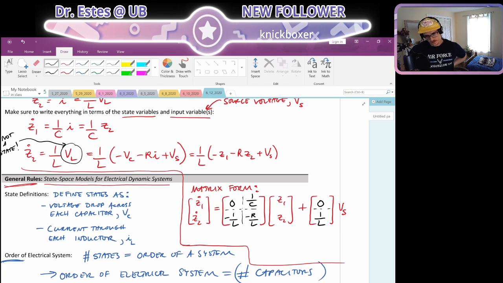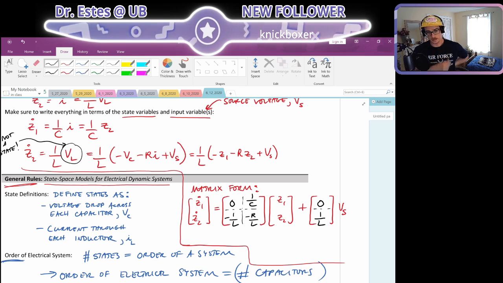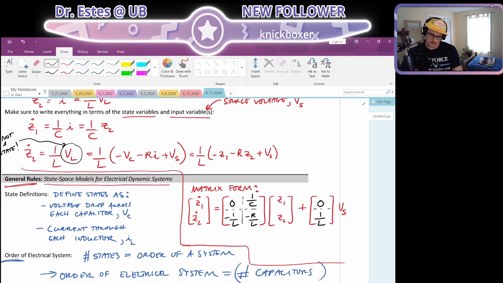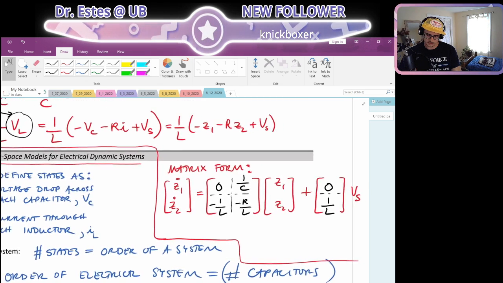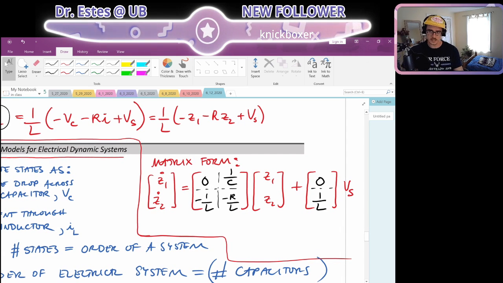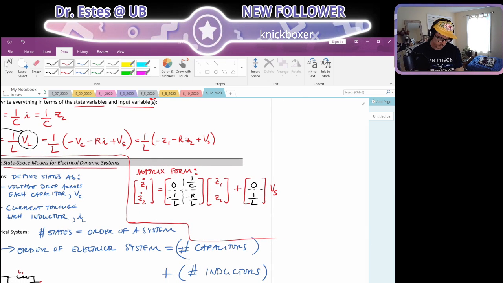So at the top of this example, I said this is the easiest way to model an electrical system. And maybe it doesn't seem as easy right now, but once you get to a bigger circuit, this is going to make your life so much easier than doing this any other way. Now, if you don't like replacing physical variables with these Z1, Z2, because it's like, what is Z1?